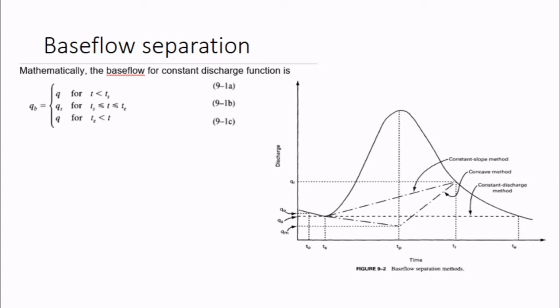And then, yung Q sub S, itong horizontal line, gagamitin mo siya from T sub S hanggang T sub E, para makuha yung Q sub S. And then, yung isa pang Q ay from T sub E onwards. Q sub B is the base flow discharge.